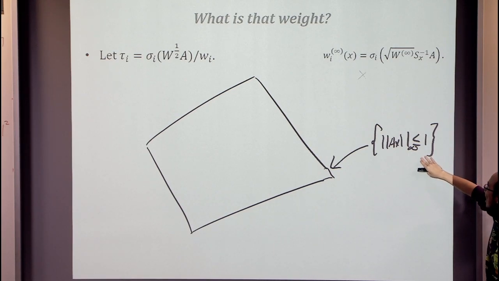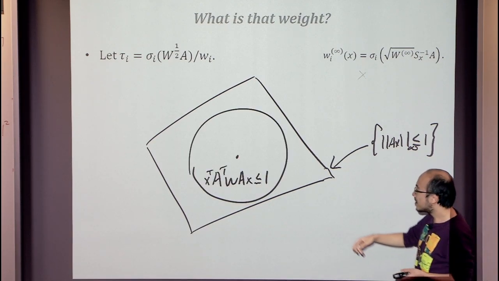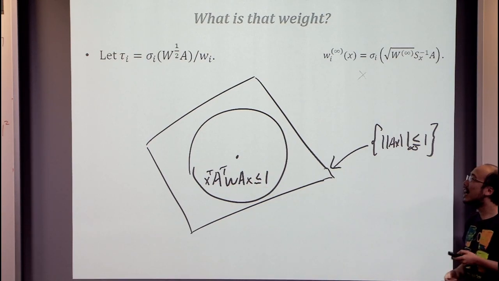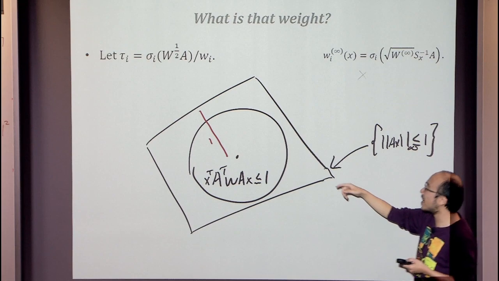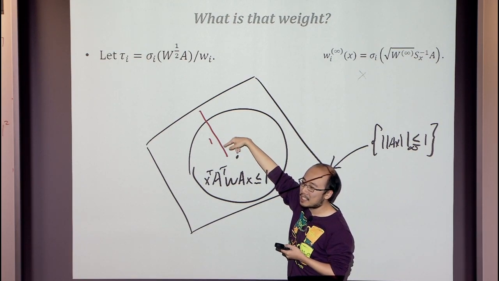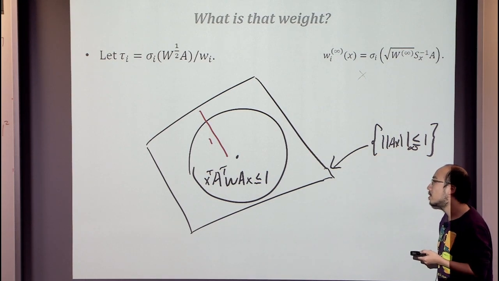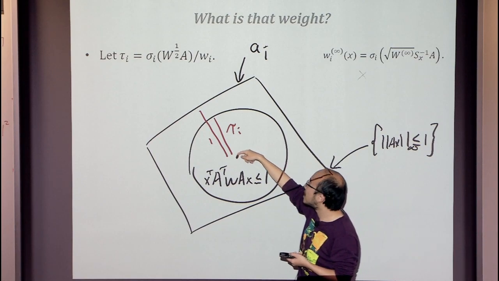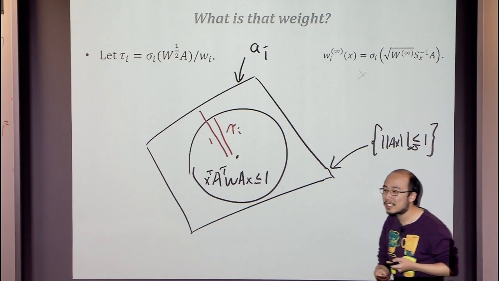Take a look at this polytope Ax less than 1, and then look at the ellipsoid. The distance from there to there is 1 because it is less than 1. And it turns out you can compute that tau is measuring that distance.